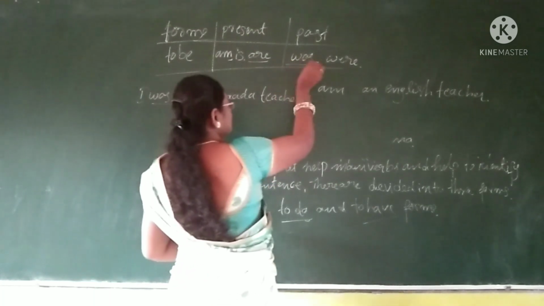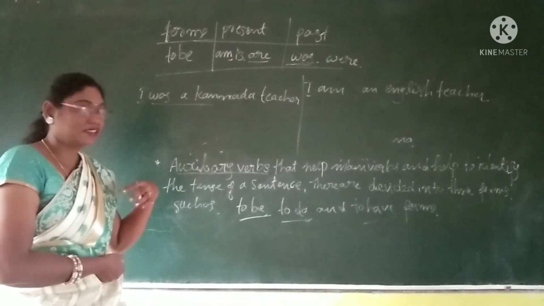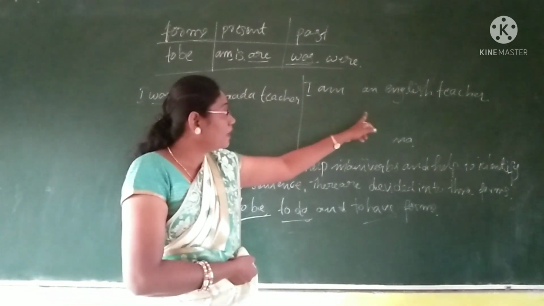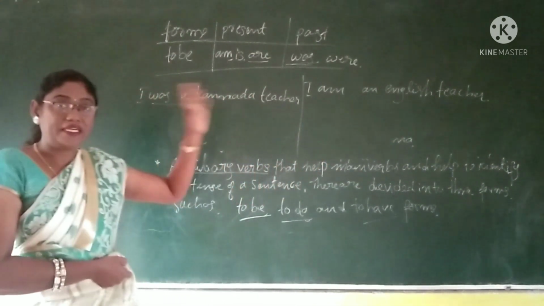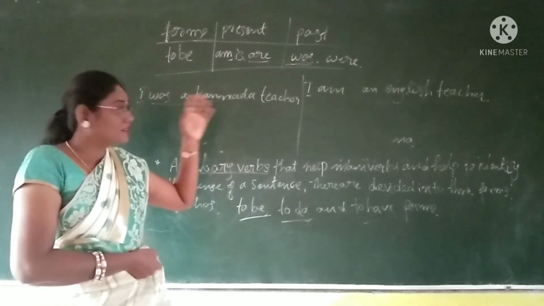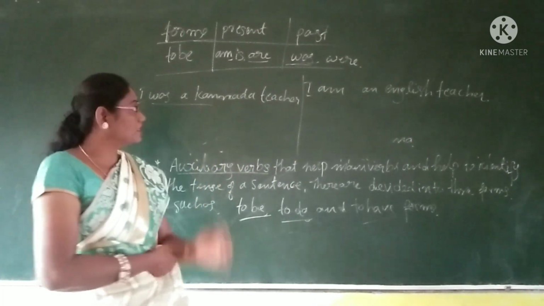So I am using this. I was a Kannada teacher. Now I am an English teacher. Got it? See, this is the difference in how we use present and past.